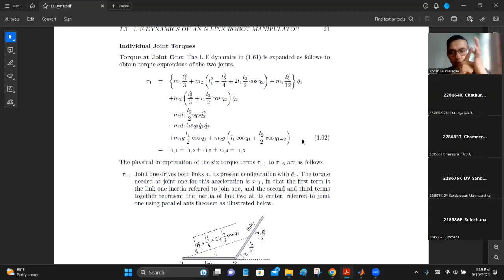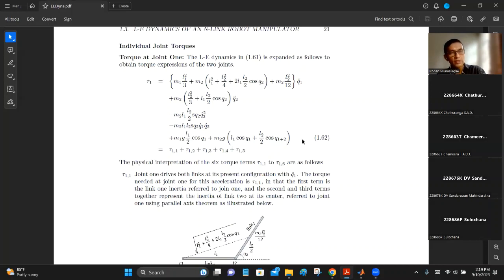Number 2, to maintain Q1 double dot, the angular acceleration of link 1. Number 3, to keep the same angular acceleration at link 2, so that the two will accelerate together, okay?